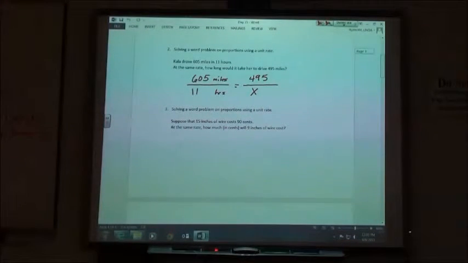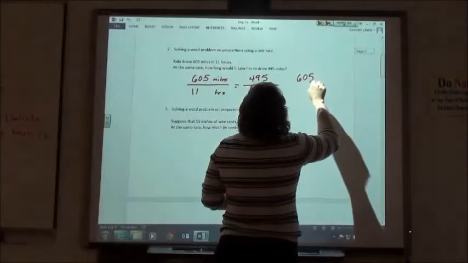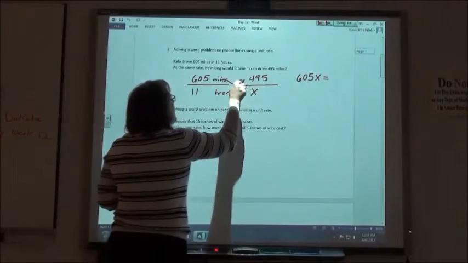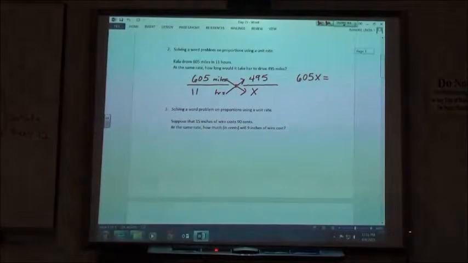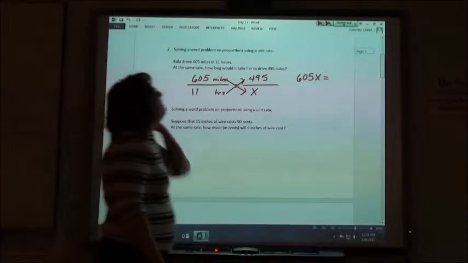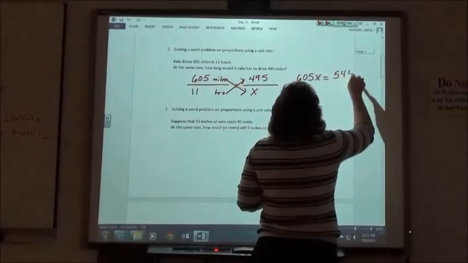So again, I'm going to cross multiply. I usually like to do the pair with the x first because I like my x on the first side. So 605x is going to equal, and then I have to take the 11 times the 495. 495 times 11 is 5,445.